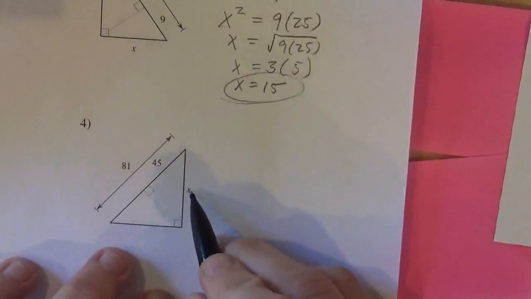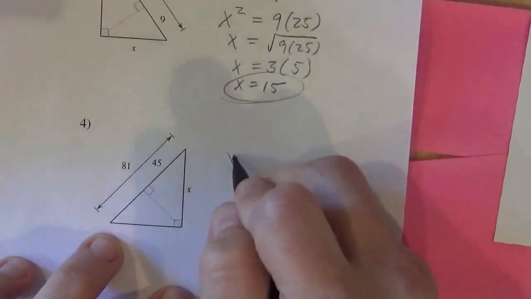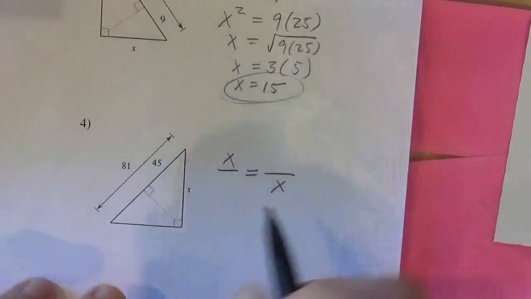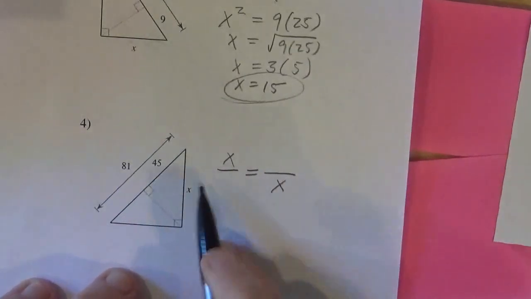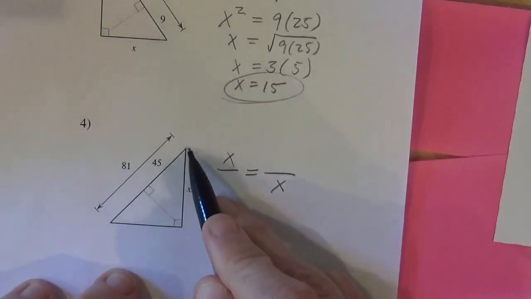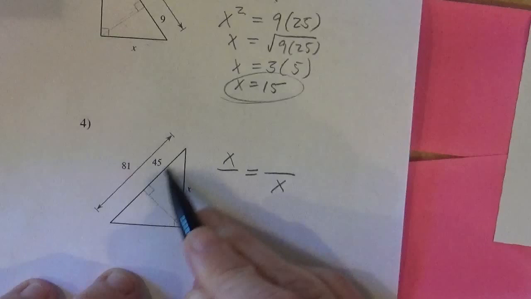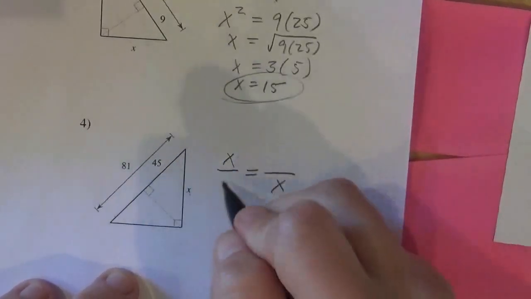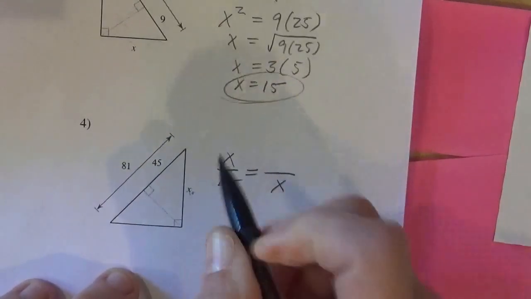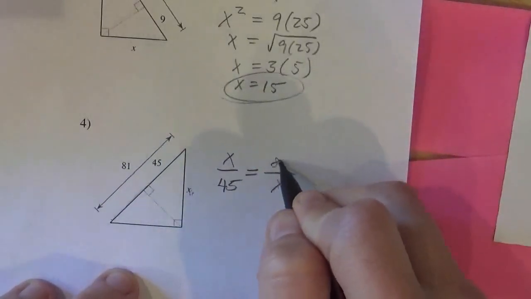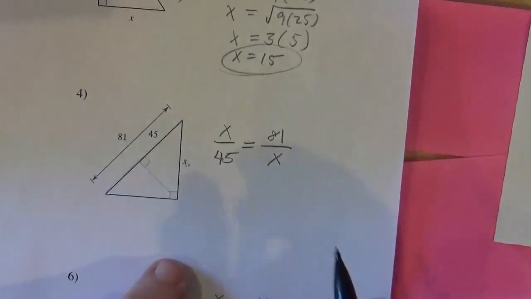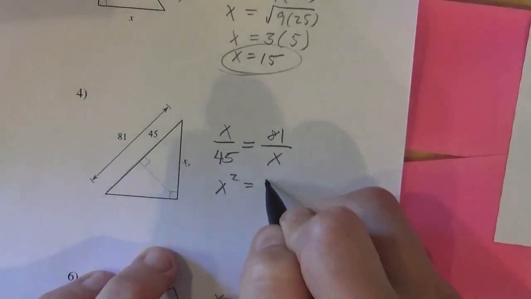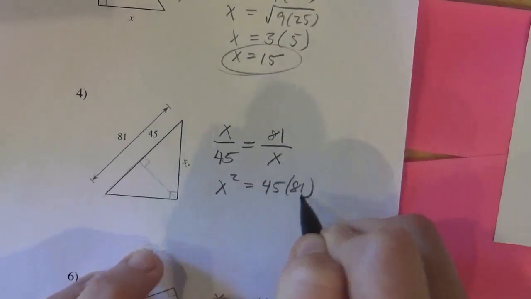So this one, again, we'll put the leg of that big triangle, and then the big triangle has this hypotenuse cut into those two pieces. So you want the piece that's closer to the leg you're dealing with, and then the whole hypotenuse. So 45 times 81. So X squared will be 45 times 81.